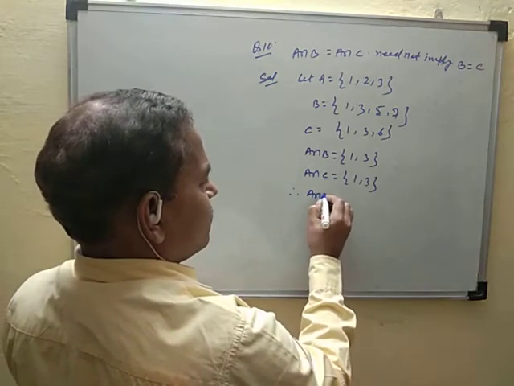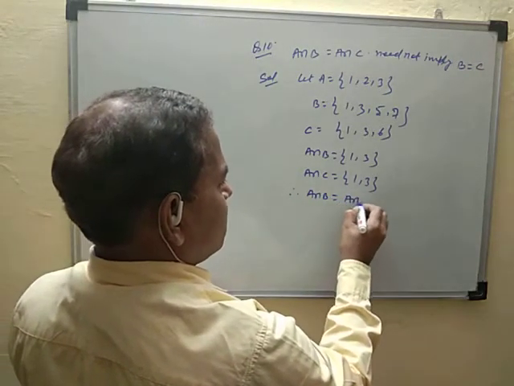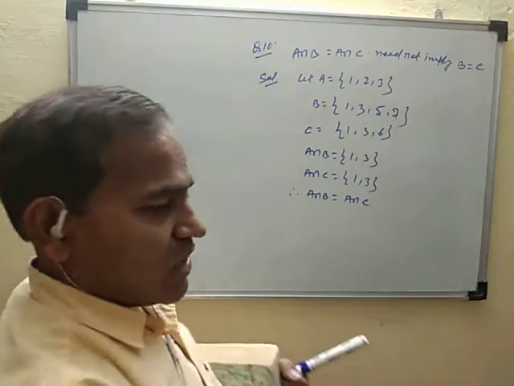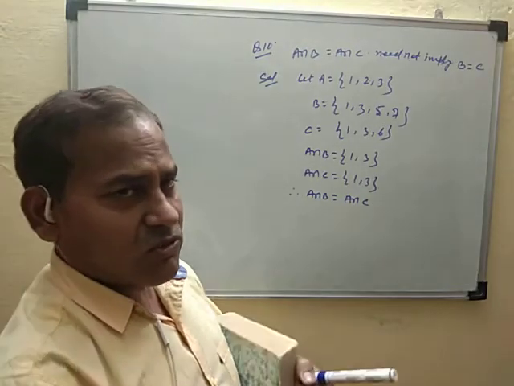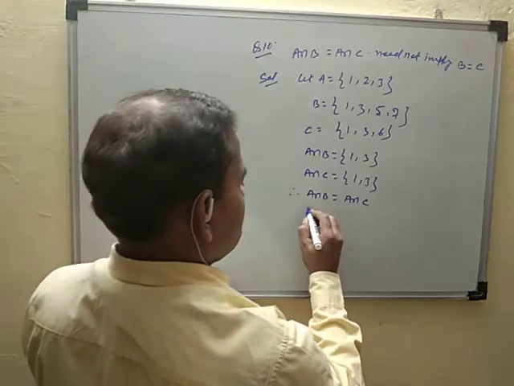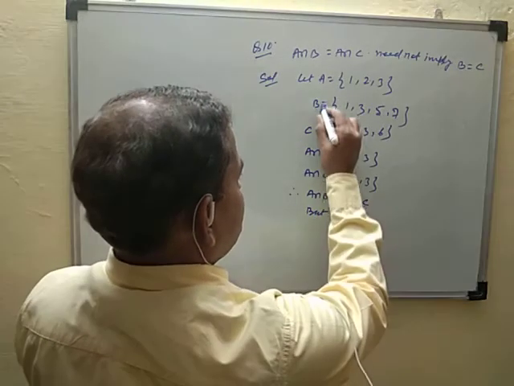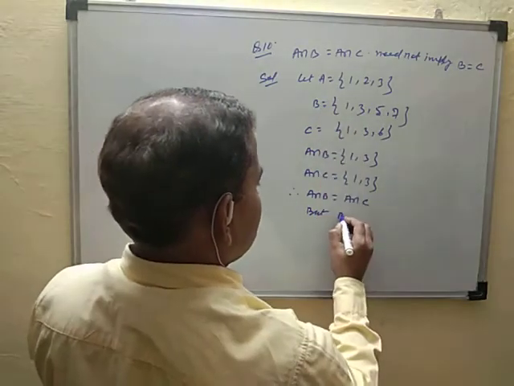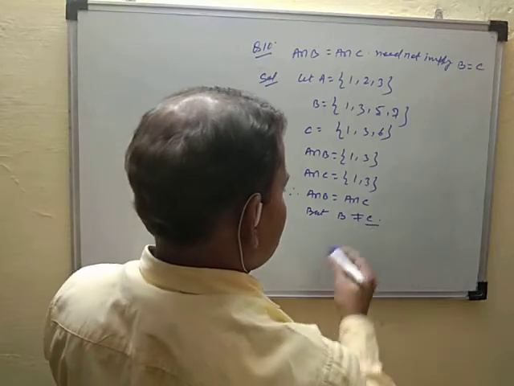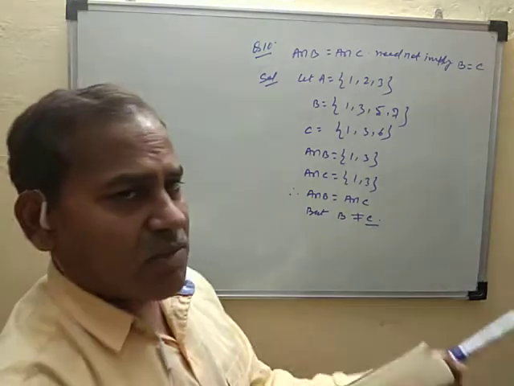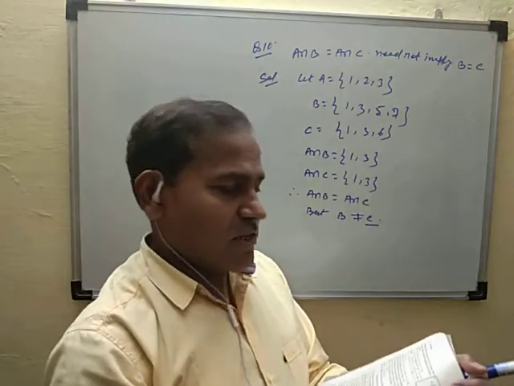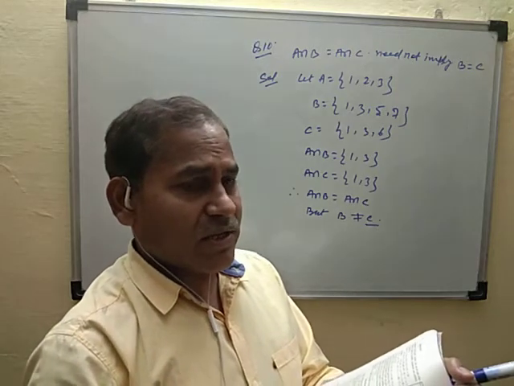Therefore A intersection B is equal to A intersection C. Both are equal sets, but B is not equal to C. So where you have to show "not", you can show it by an example; where you have to prove, you will not show it by an example.